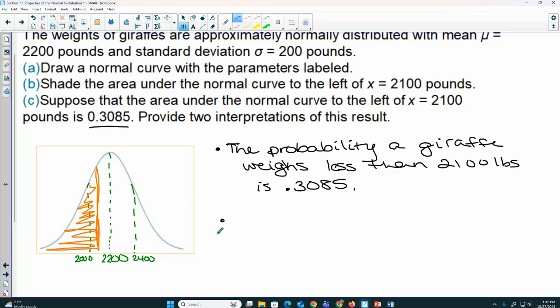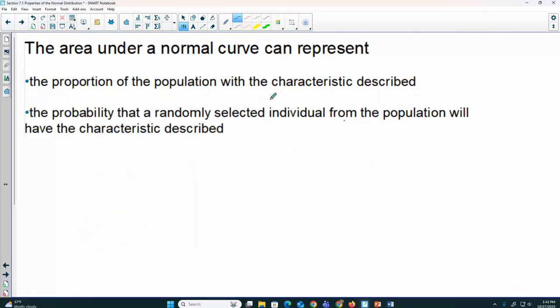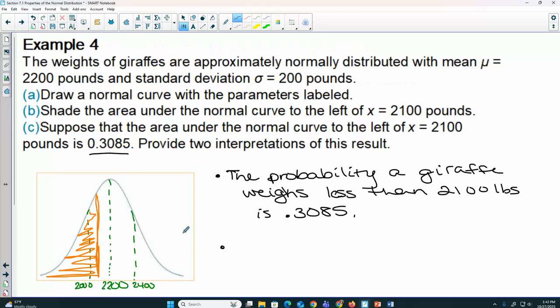What is the second way we could interpret it? The other thing would be to use it to describe the whole population.